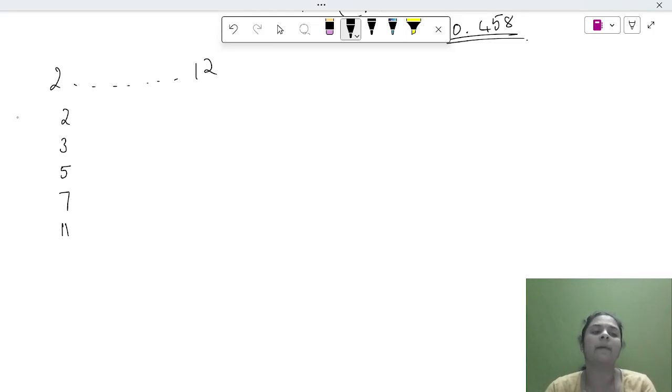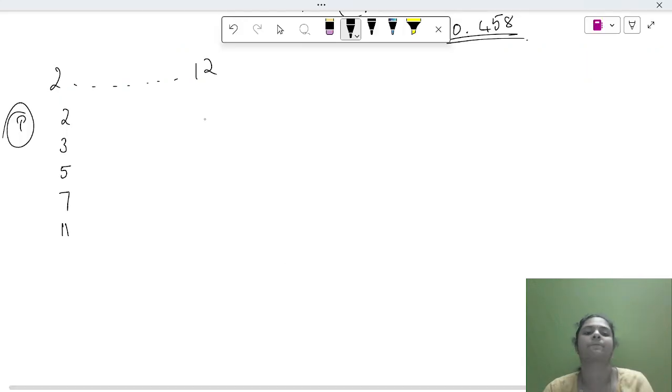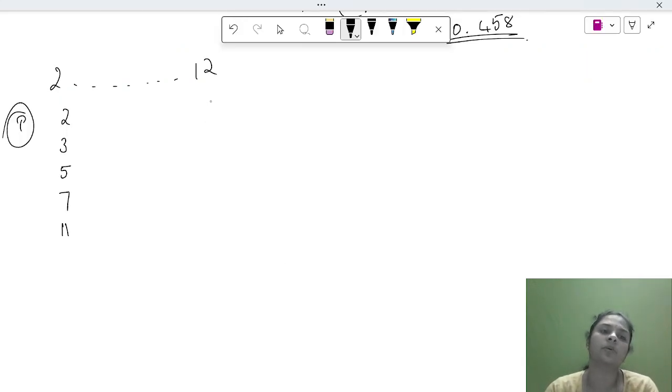So these are the prime numbers possible. Or getting a multiple of 3. Now what are all the totals possible? 3, 6, 9 and 12.